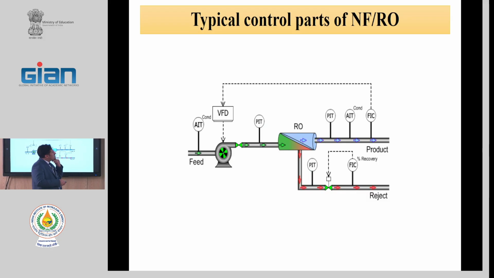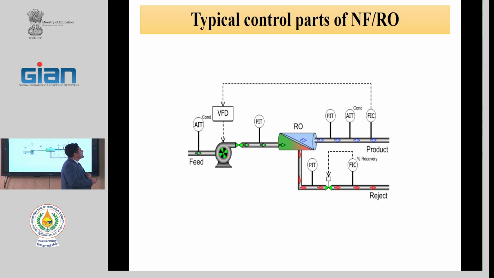About the control process of this unit, we see that we have a pump, and a pressure indicator transmitter before and after the membranes. We must apply delta P as a driving force, and we must measure all of the parameters.